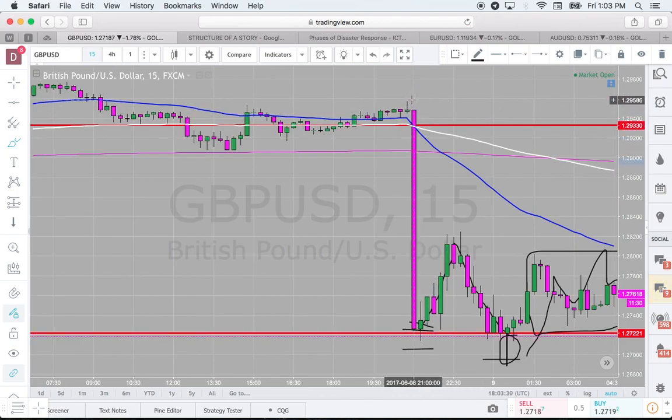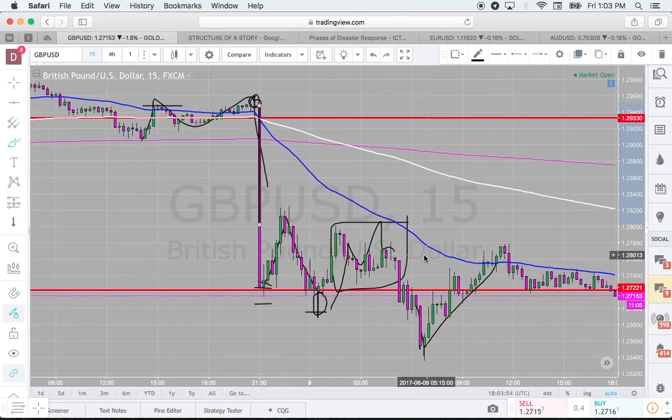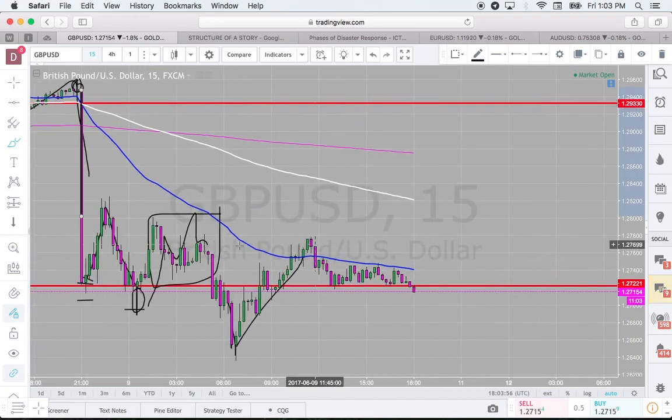There was that small stop hunt to the second leg, or to the first leg, above that first leg, and then they trapped anybody in here and then dropped price on them 200 pips, and now are consolidating in this range.